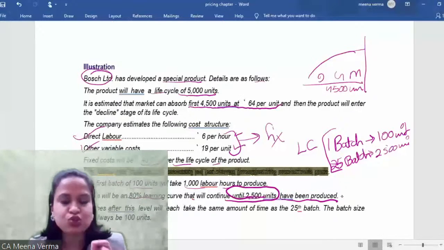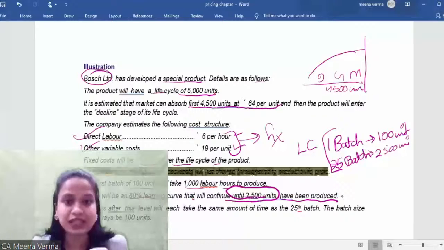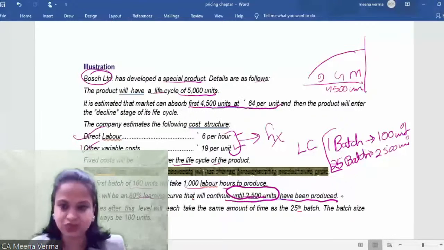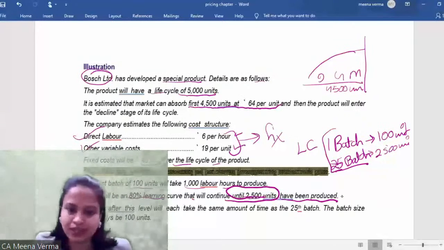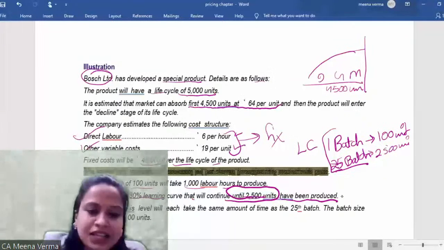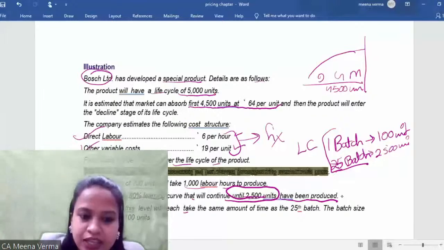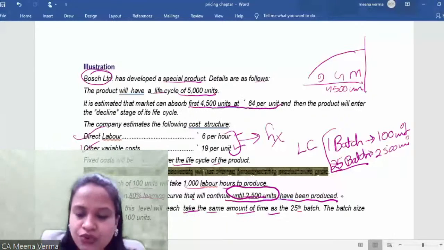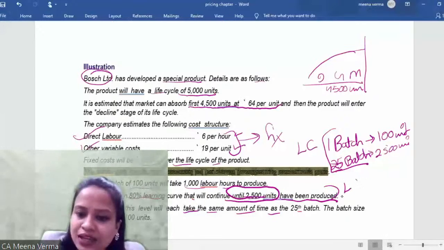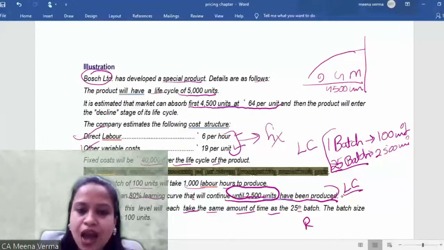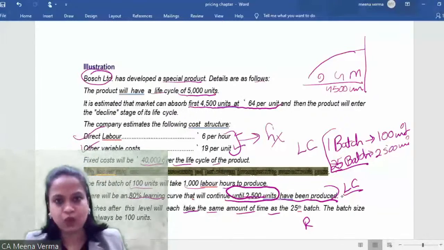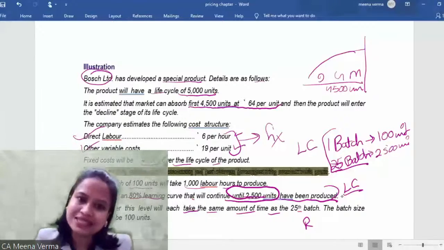Until you produce 2,500 units, the learning curve will be applicable. Batches after this level will each take the same amount of time. So up to this you can apply the learning curve, and after this the labor hours per unit will remain constant.